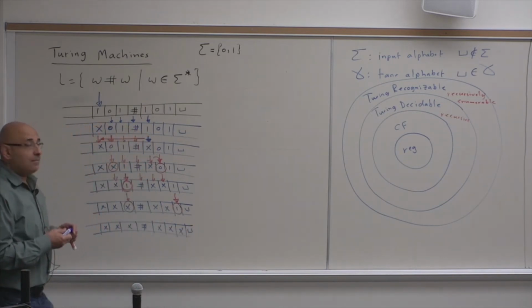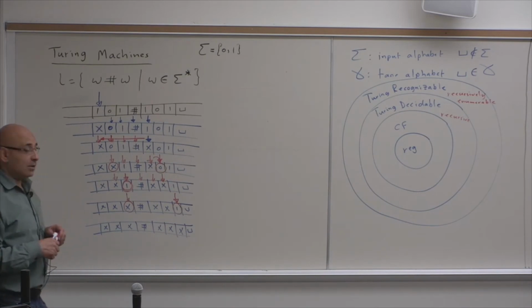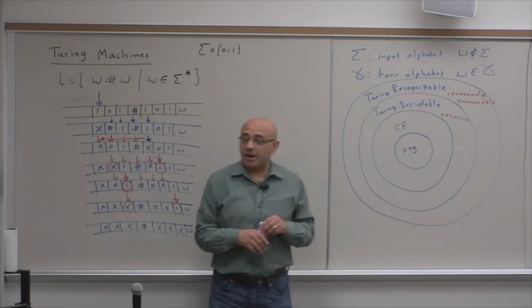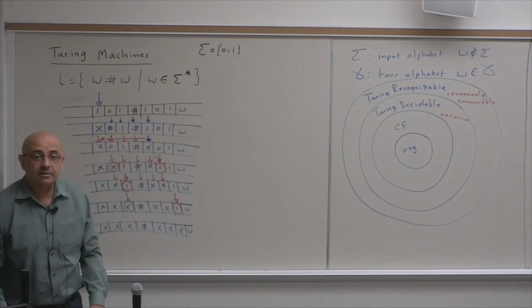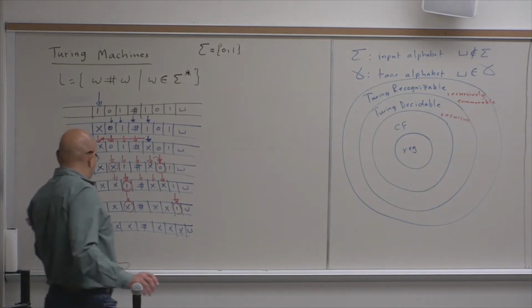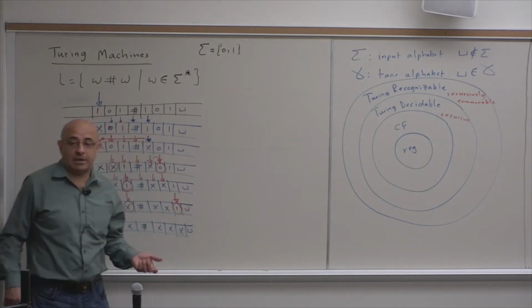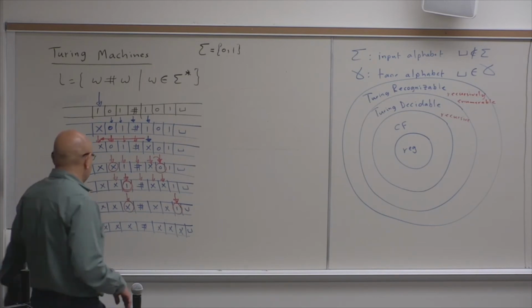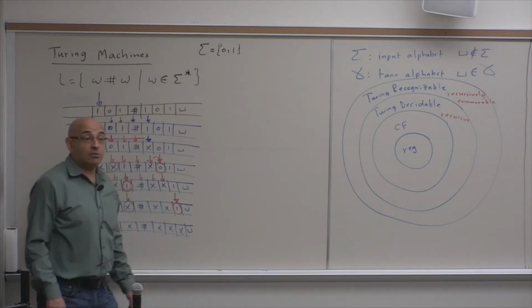And we know that the string belongs to the language if what? If we mark everything, if everything is marked, so you do a scan. If everything is marked, then the string belongs to the language. If there is something unmarked, then the string does not belong to the language.